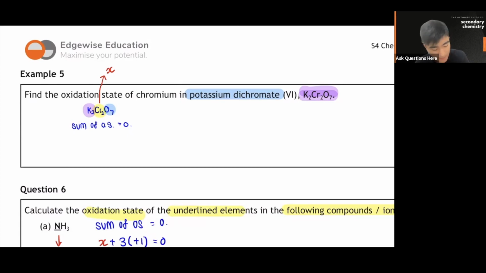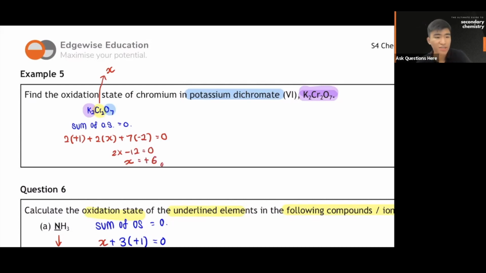Potassium is +1 because it is group 1, times 2, plus 2 times X, plus 7 times oxygen, which is -2. This gives me 0. Working this out gives 2X minus 12 equals 0, so X equals +6.